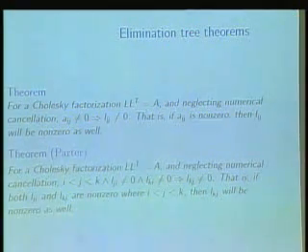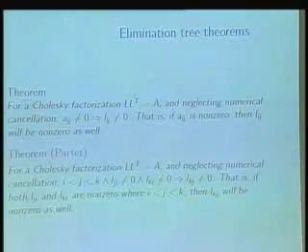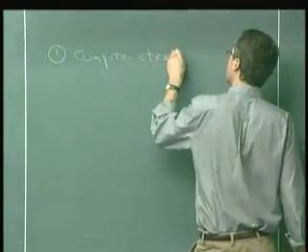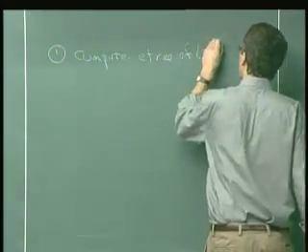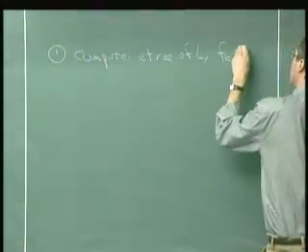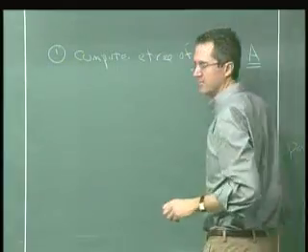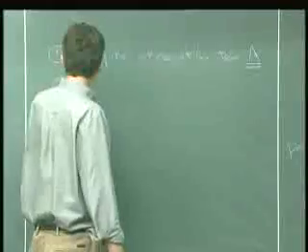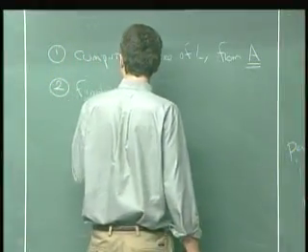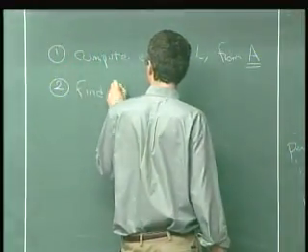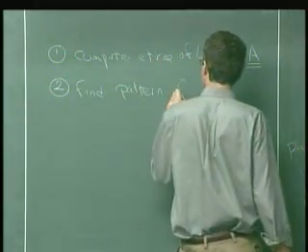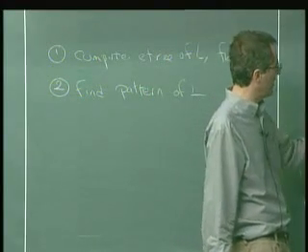So the first step will be to compute the elimination tree from A itself. That's the first step in the algorithm. The second step will be then to find things like the non-zero pattern of L. Now you might think, well, wait, this is backwards. The non-zero pattern of L defines the tree, but I'm going to do it the other way around.